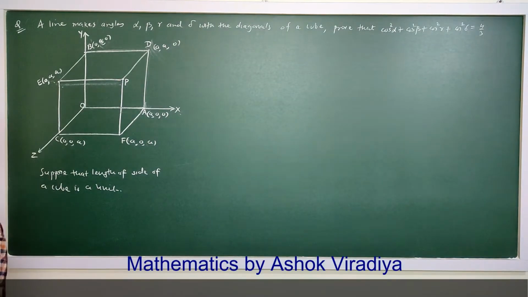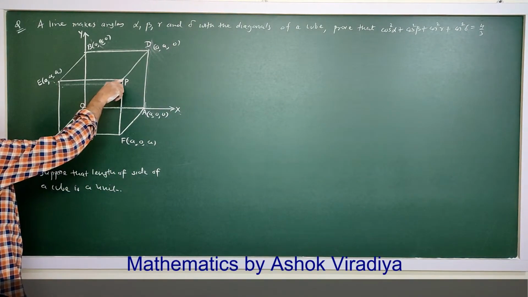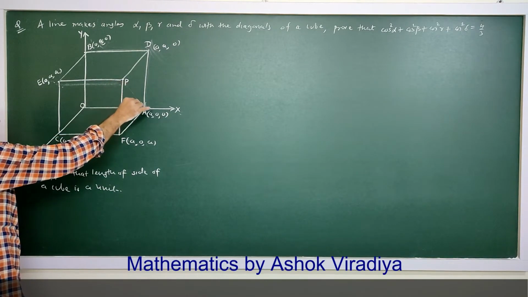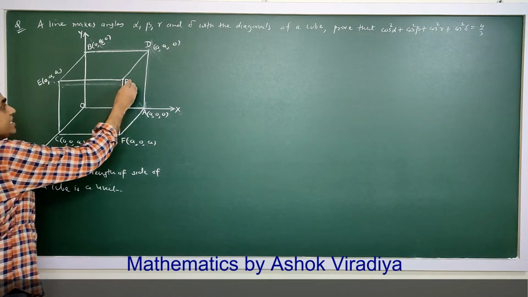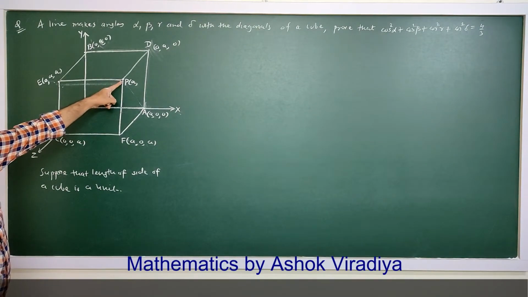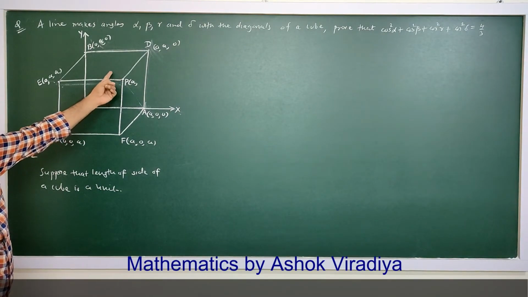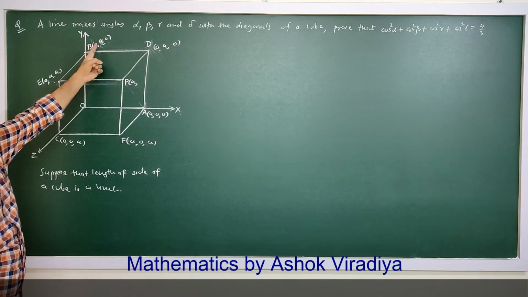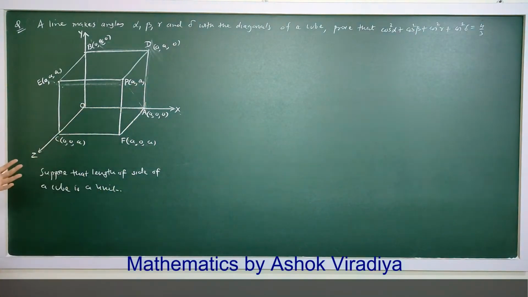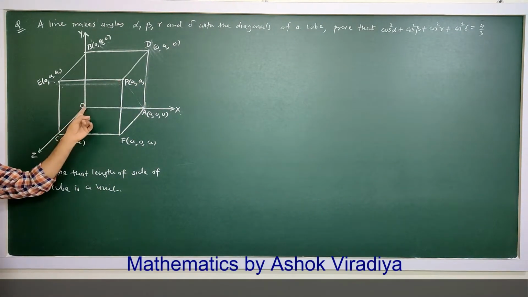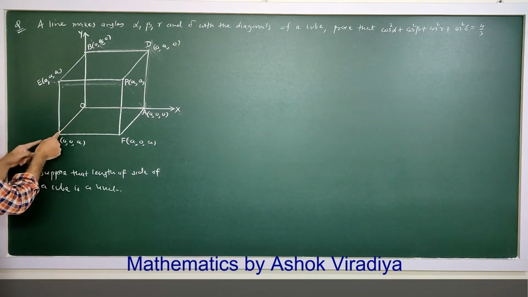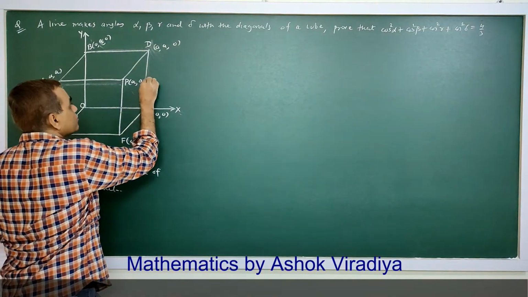So if you take a perpendicular on the x-axis from this point, then the perpendicular goes to this point. So its x coordinate is a. Similarly, if you take a perpendicular from this point on the y-axis, then it goes towards this side. So the y coordinate is a. And for the z coordinate, similarly, taking a perpendicular on the z-axis, if you take the perpendicular, it goes in this direction. So its z coordinate is also a.